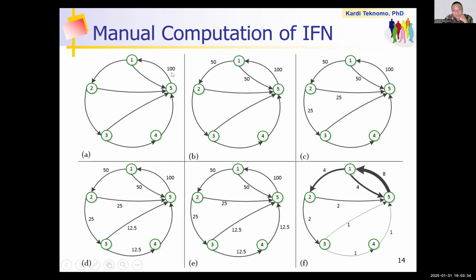So if you have equal, then with 100 here, equal distribution will be 50-50, isn't it? So here 50 coming into node 2, and then equal distribution will be 25-25. Next, 25 coming to node 3, equal distribution will be 12.5, 12.5.